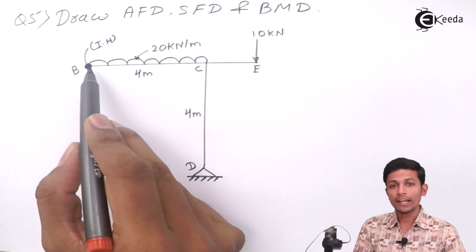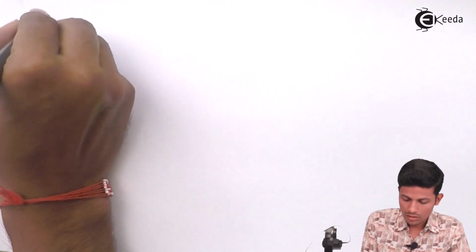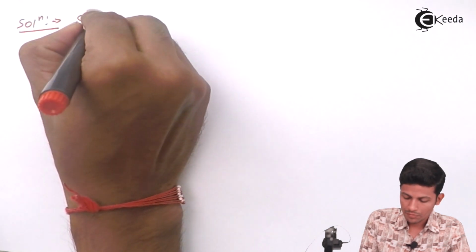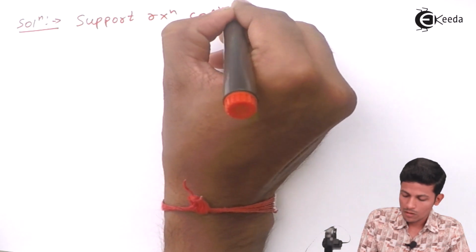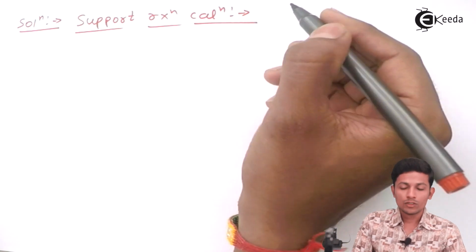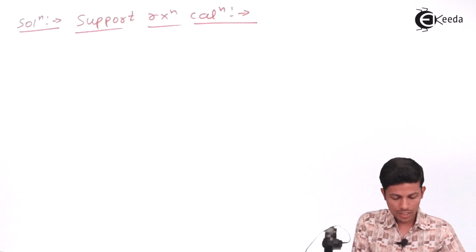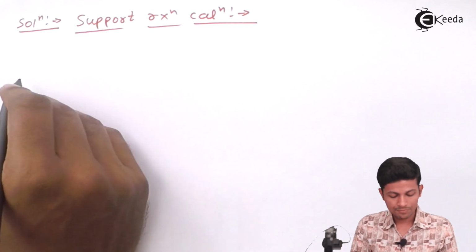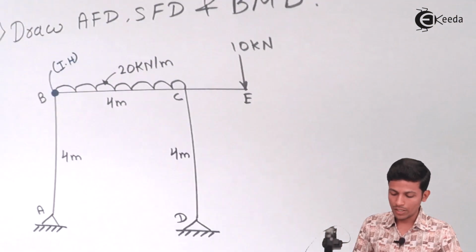Now our first step is to find the reactions. Let's see. Solution, support reaction calculation. Okay, now what comes first over here? Now see, this is your question given over here.